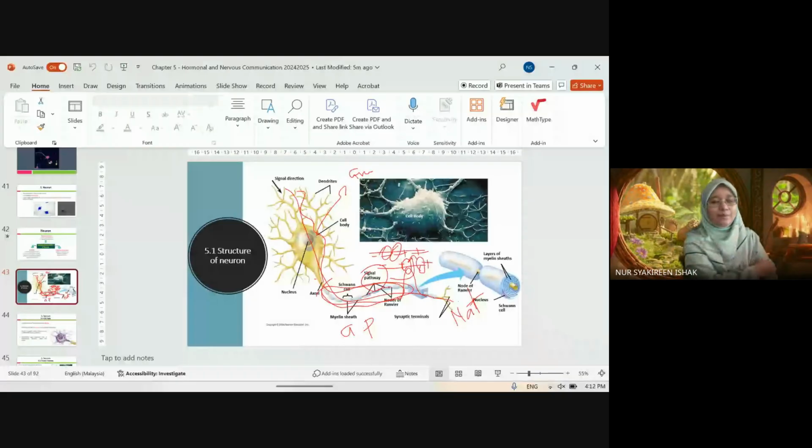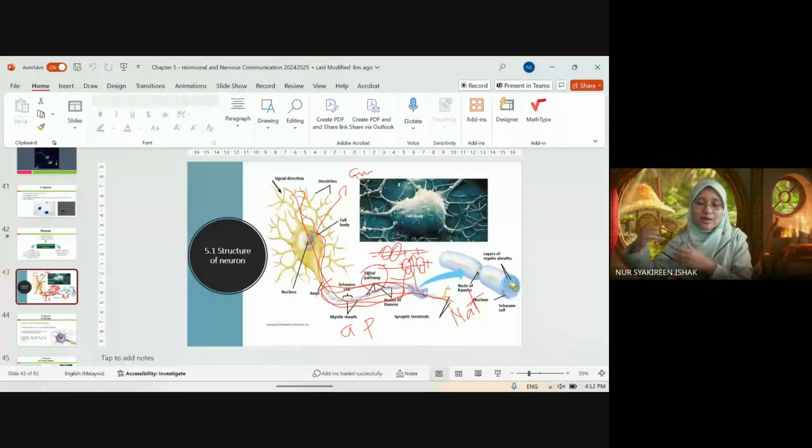Initially inside a cell it is negatively charged, but when a cell is stimulated and generating an electrical impulse, the charge inside the cell changes from negative to positive. If the change of charge occurs along the axon, it leads to the generation of action potential.